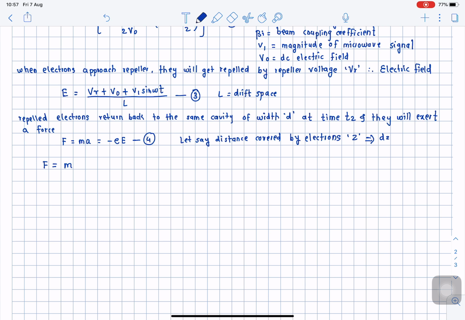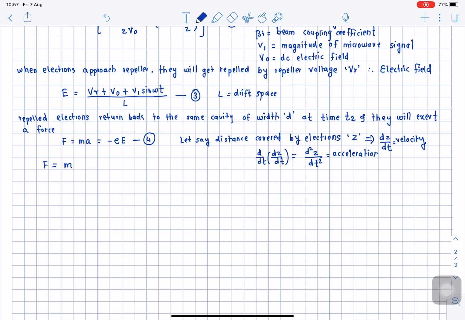If z is the distance covered by electrons, then dz by dt indicates velocity. And if I take the double derivative, d by dt of dz by dt, this represents d2z upon dt square, and this particular term represents acceleration.